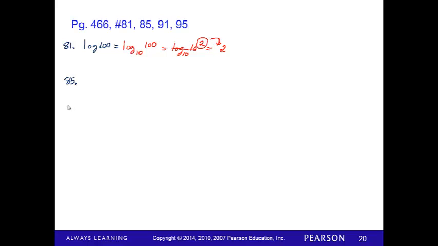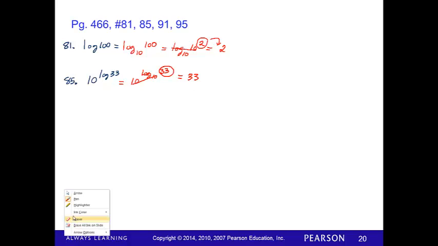And number 85, it says 10 raised to the log of 33. So again, we have an invisible base, which means it is base 10. So this is 10 raised to the log base 10 of 33. These are equal, so remember this cancels out along with the log, and we're left with the 33. Number 91 has the natural log of 1 over e raised to the 6th power.